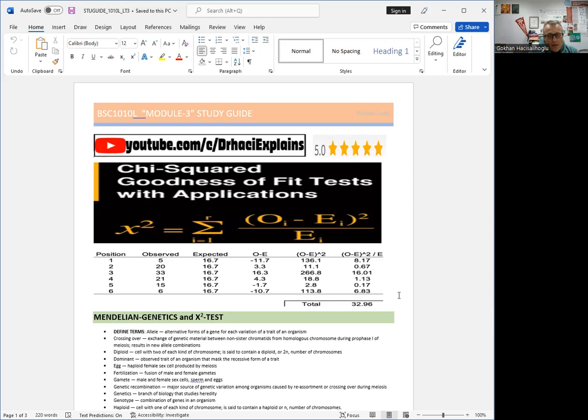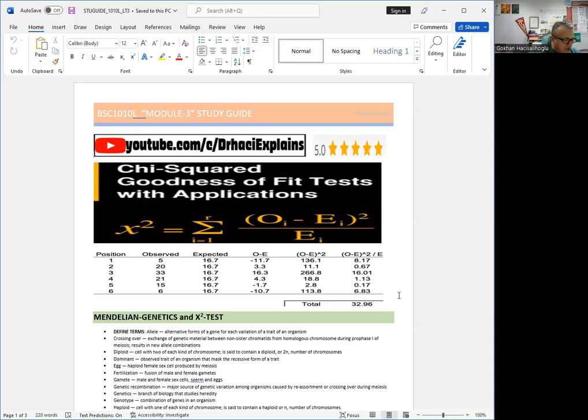We always want chi-square cal to be smaller than the chi-square table value in order to accept the hypothesis. If we accept it, our conclusion is yes, the data follows that 3-to-1 ratio, whatever we're testing. But if we have to reject it, then the data doesn't follow that ratio, and we probably need to repeat this whole thing in the lab.